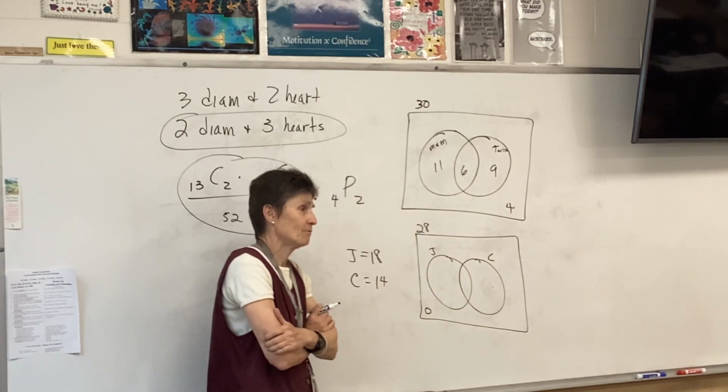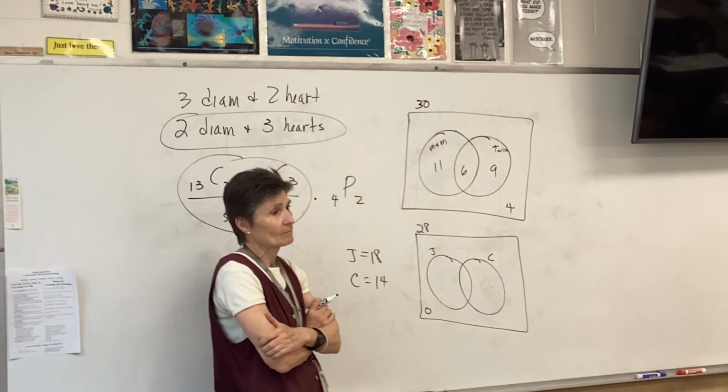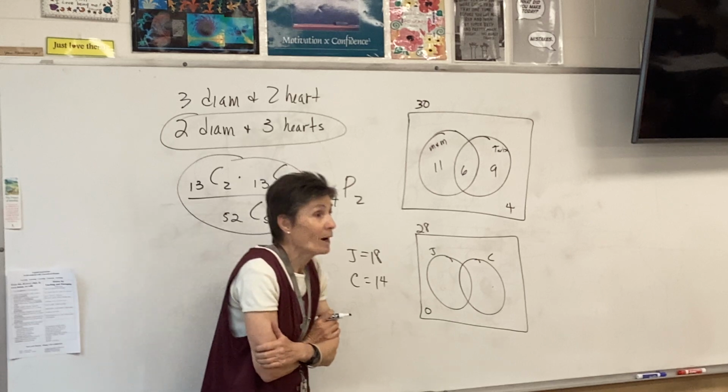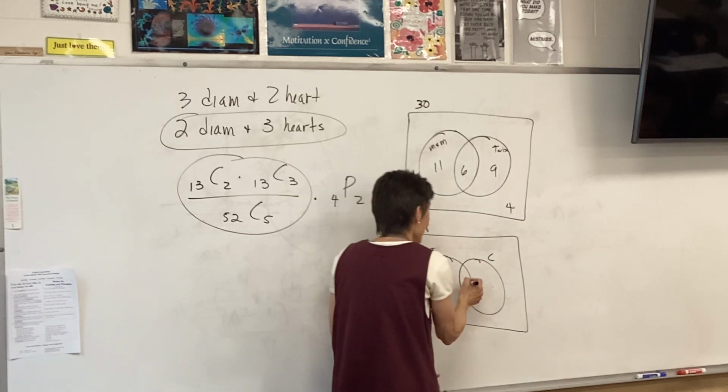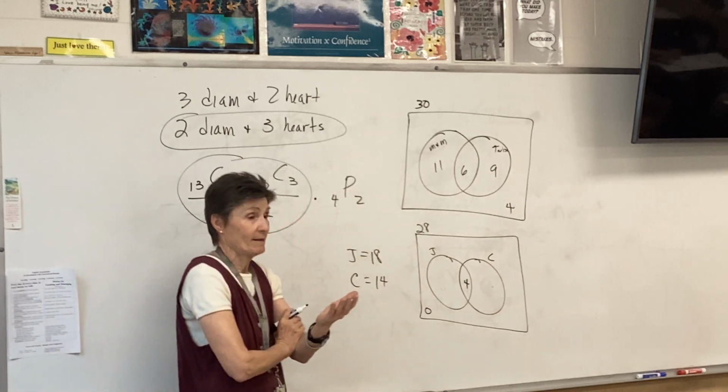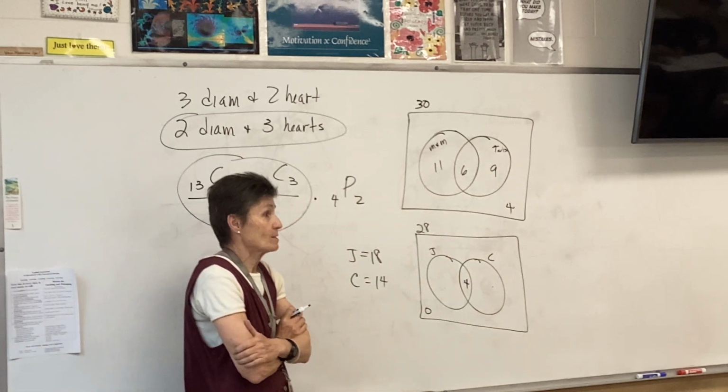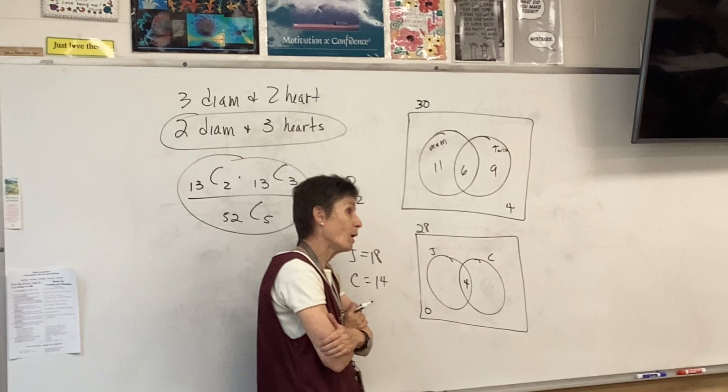How in the world am I gonna figure this out? The middle's what? Absolutely. The middle's 4. How do we know the middle's 4? You already told me. There's 4 extras. That means those people voted twice.